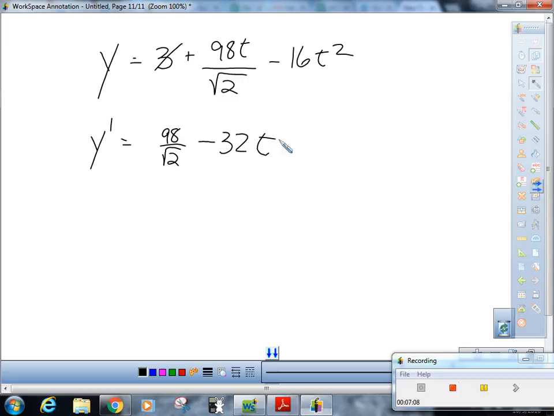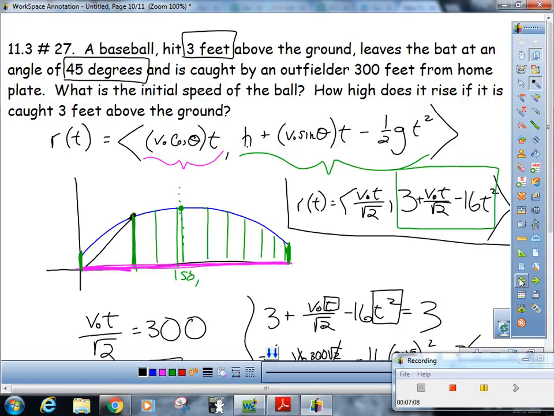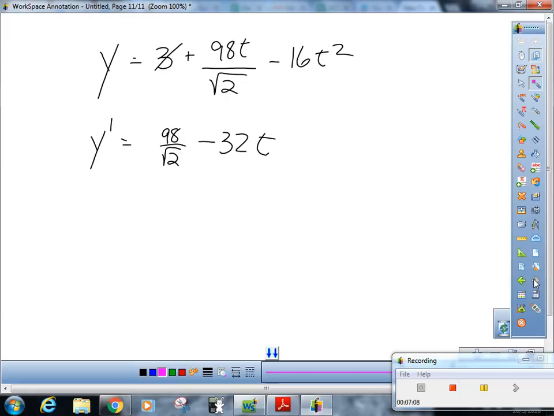And we want to know where this tangent line will equal 0. Well, that's going to be at its maximum point. So now, since I've found the tangent line, I will set that equal to 0 and solve it.